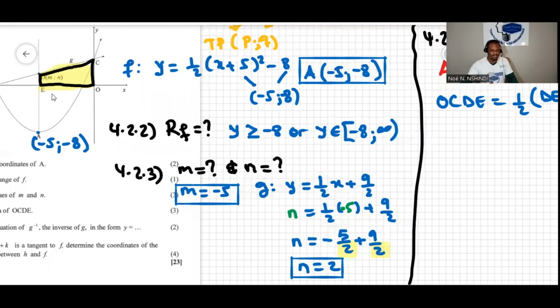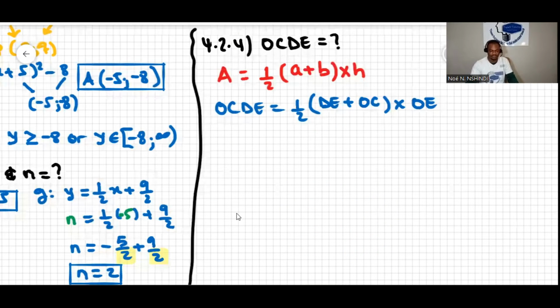What is OE then? I mean DE. We know the coordinates, because they are vertical lines, we will just consider the y values. So n was found to be 2, and E lies on the x-axis, so it's just 2 units. So this will be equal to 1/2 times 2 plus, and then OC again.